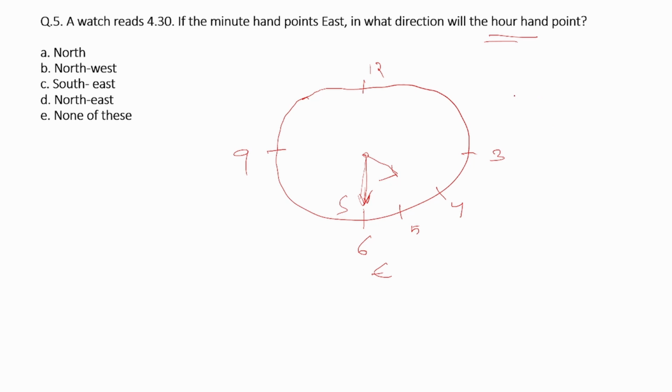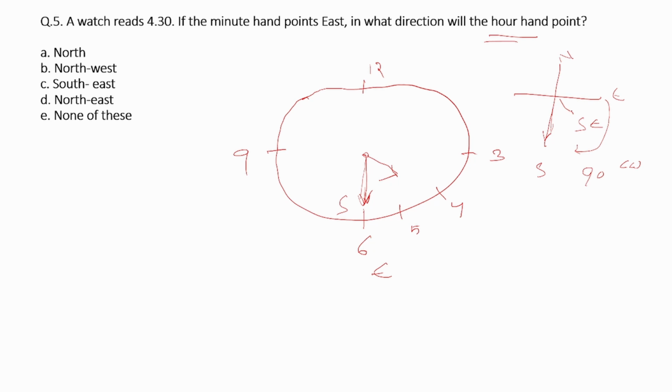In our figure we know this is south, this is north, this is east, this is southeast. The minute hand direction is called east, meaning south is called east, so this east direction moved 90 degrees in a clockwise direction.